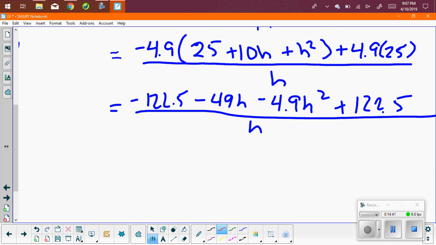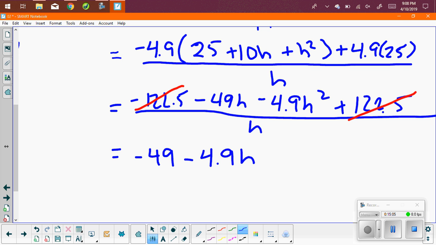Tidy up step. Well, my 122.5s cancel out. I can divide what's left over by h. So I have negative 49 minus 4.9h.